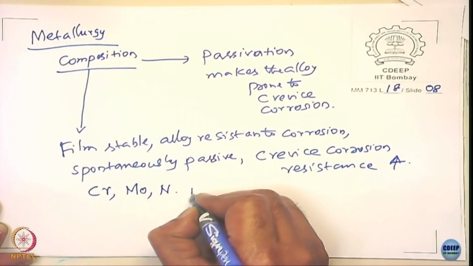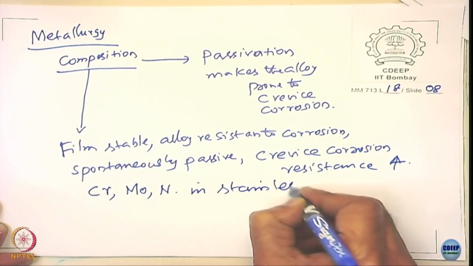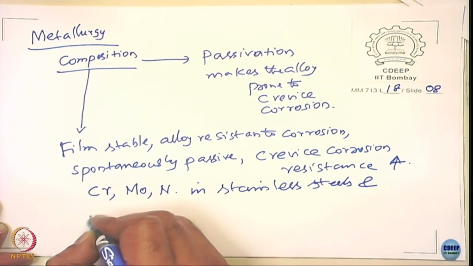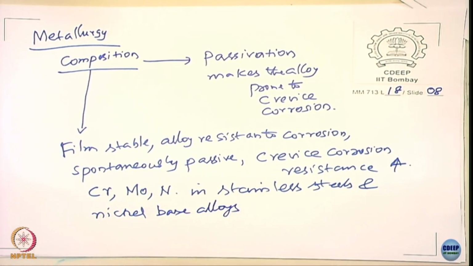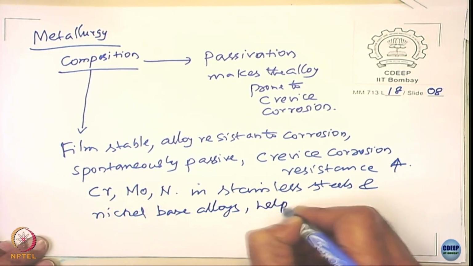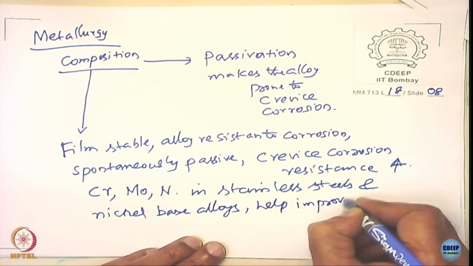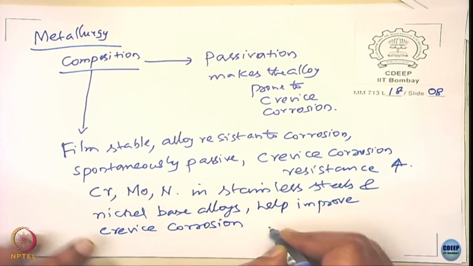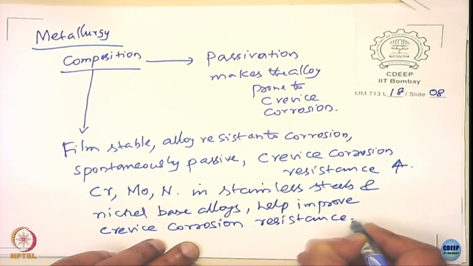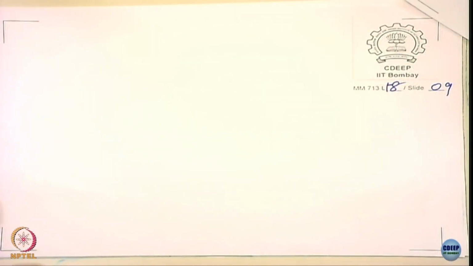There are some empirical rules which talk about this, and you say that elements like chromium, molybdenum, nitrogen in stainless steels and nickel base alloys, they all help improve corrosion resistance.